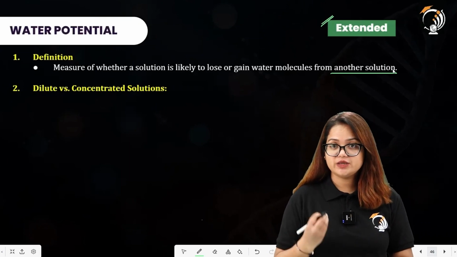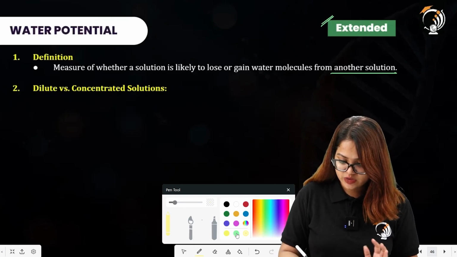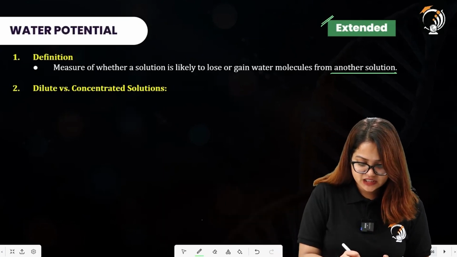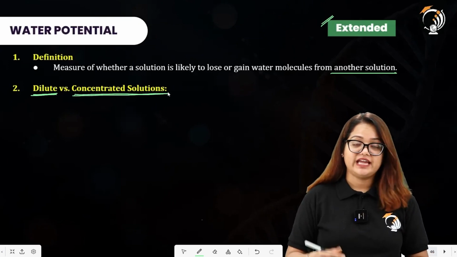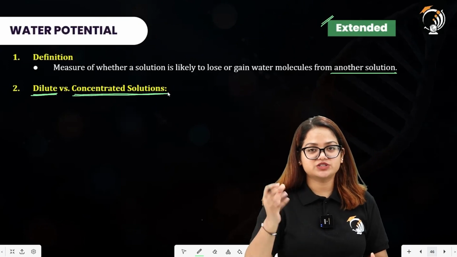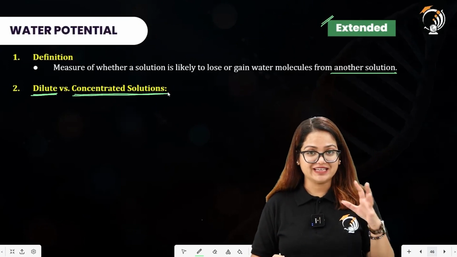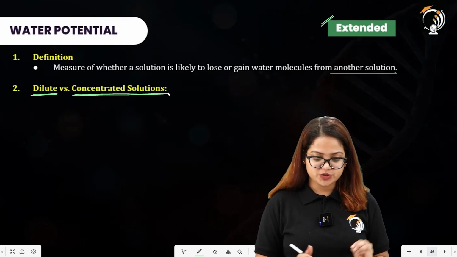So we will consider the water potential here. So basically we had just talked about the two different kinds of solutions, the dilute solution and the concentrated solutions, in terms of concentration of solute and water molecules. Now how do we relate the water potential to dilute solutions and to concentrated solutions?